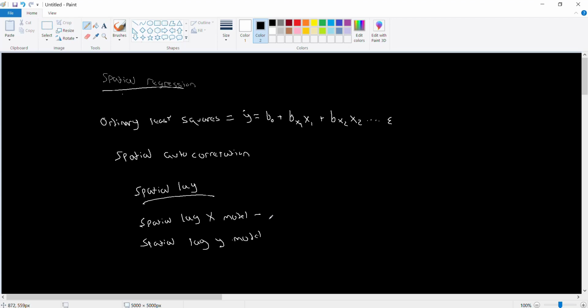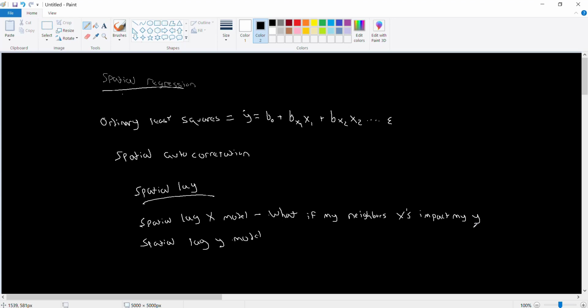For the spatial lag X model, what we're saying is, what if my neighbor's x's impact my y? What if what's going on in my neighbors, the way that their independent variables are doing, what if those affect me? That's the concept of spatial lag X.